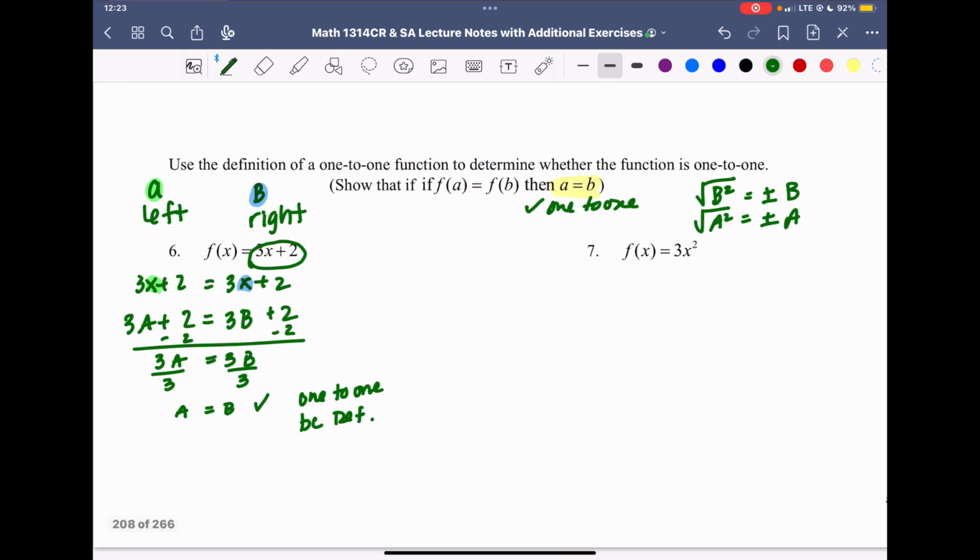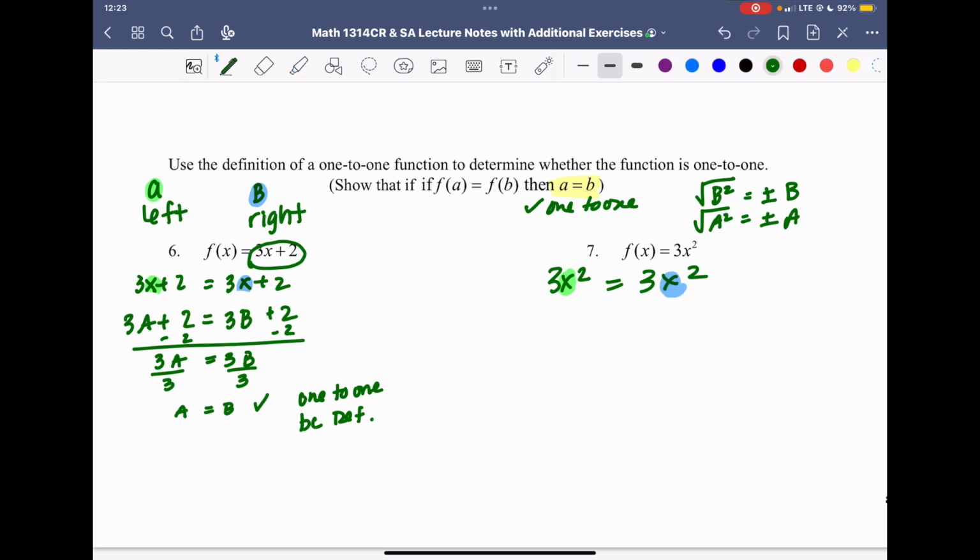So we're going to mimic what we did on the left, solving for a variable, just not the steps. So to set this up, it's going to be 3x squared equals 3x squared. A is going to go on the left and B is going to go on the right.